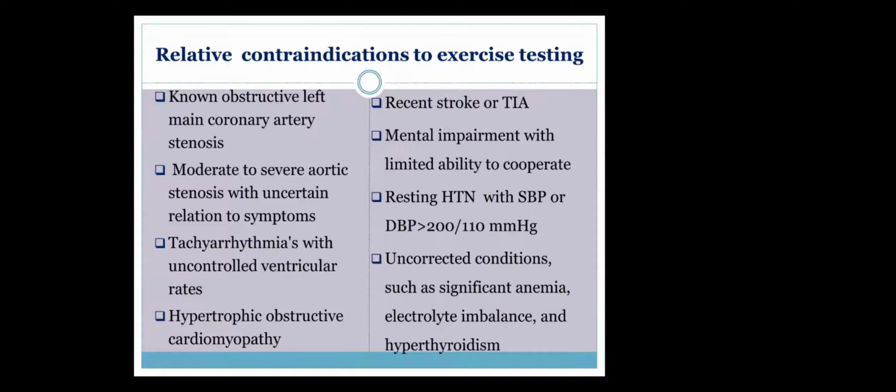It becomes tricky when the patient has mental impairments or difficulty in understanding. Also resting hypertension with systolic blood pressure or diastolic blood pressure of more than 200 by 110 mmHg, and uncorrected conditions such as significant anemia, electrolyte imbalance, and hyperthyroidism.